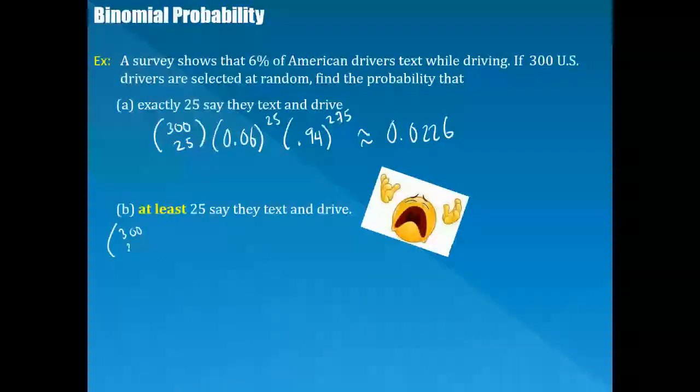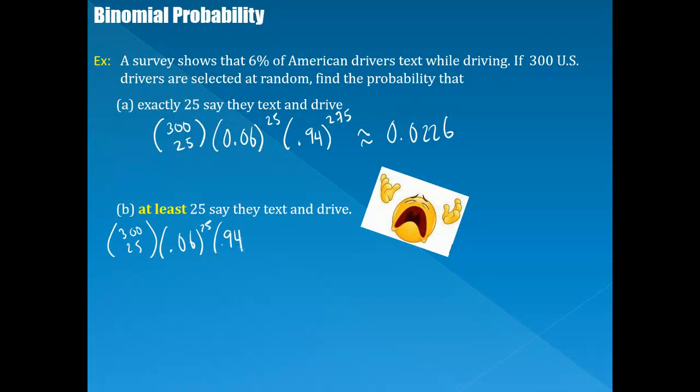So 300 choose 25, 0.06 to the 25th power, 0.94 to the 275th, plus, okay, let's keep going, 300 choose 26, 0.06 to the 26, times 0.94 to the 274th, right? And you just keep going. There'll only be one of these on the test. Just one. It can take a little bit of time, so you'll only have one where you have to go all the way up from 25 to 300.